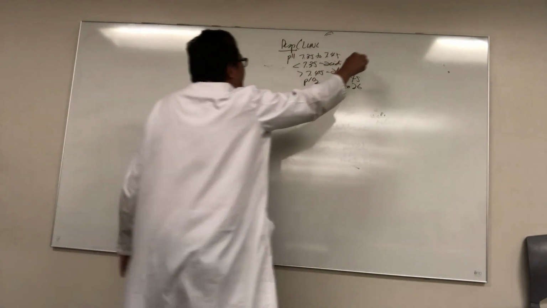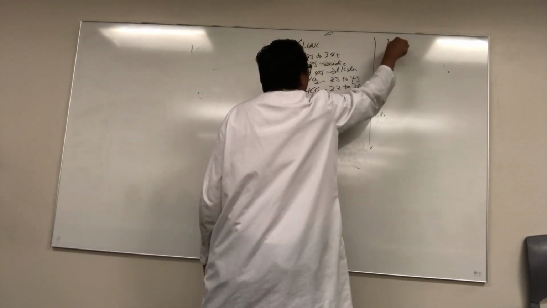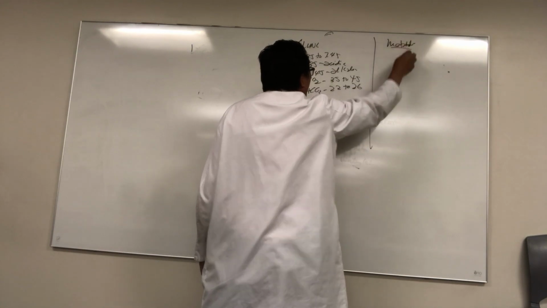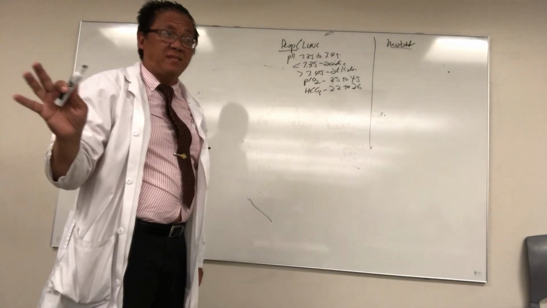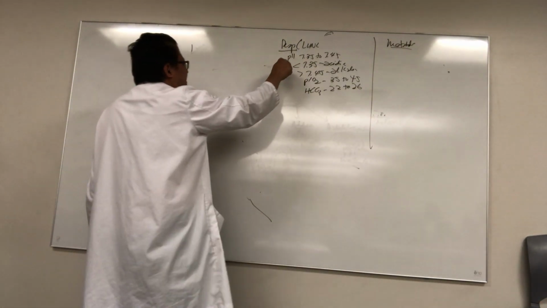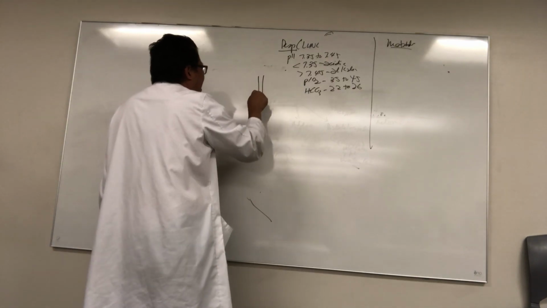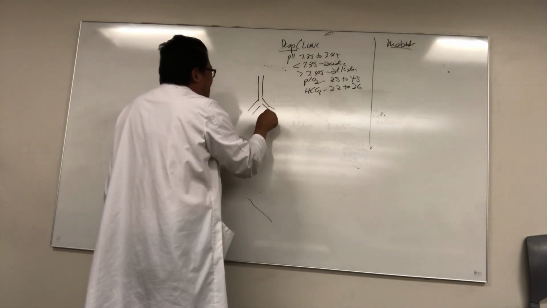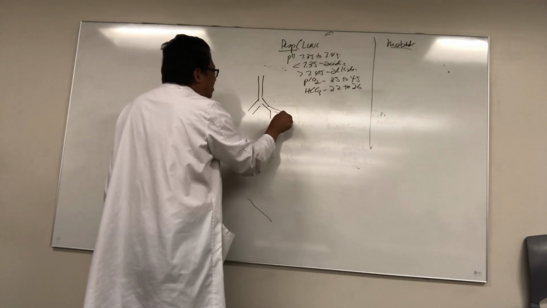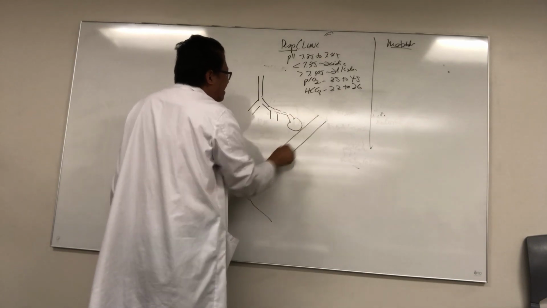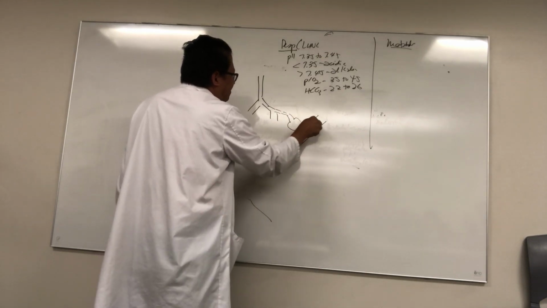So, measure metabolic. Obviously metabolic, nothing to do with lungs. So, trachea, bronchus, primary, secondary bronchus, bronchioles, air sac, blood, contains the red blood cell.